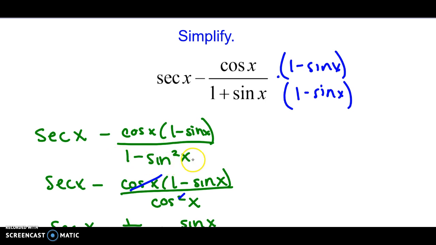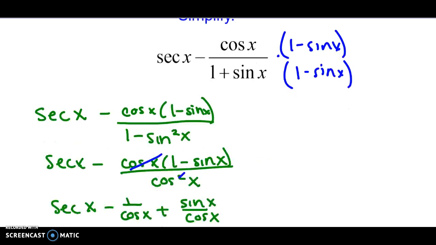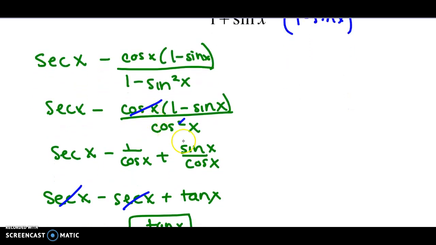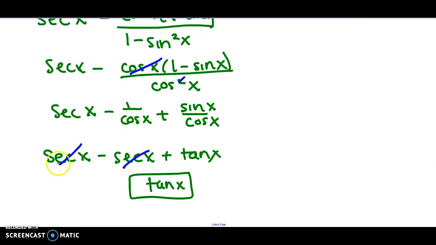Although 1 minus sine squared of x is cosine squared of x, what? Now I can cancel out a cosine of x in both the numerator and denominator. And since I have 1 minus sine of x all over cosine of x, I can actually split up those two terms. Be careful about the negative in front here. Once I do that, oh my goodness, the secants of x both cancel out, and I'm left with just tangent of x. It's wild.